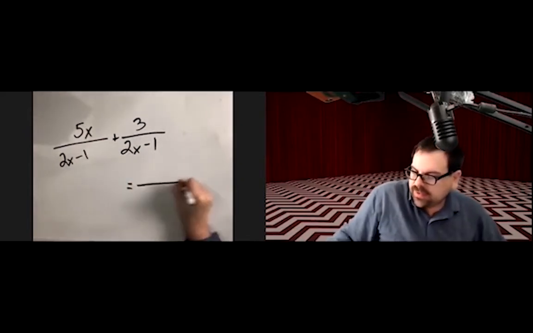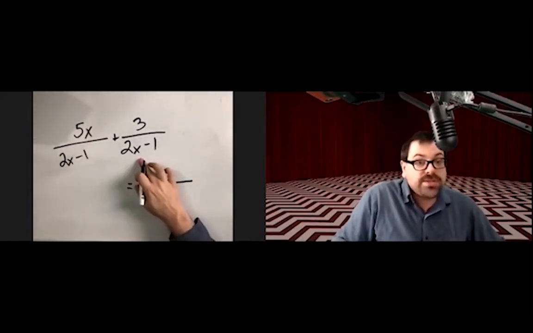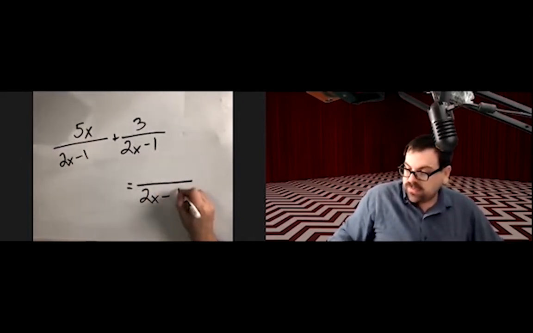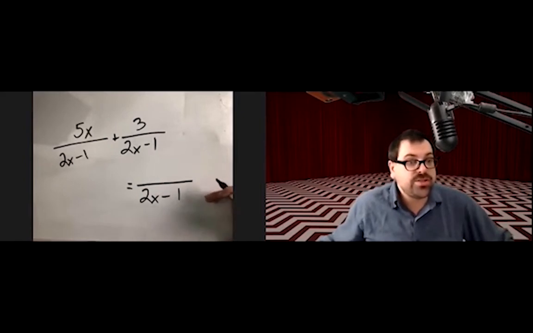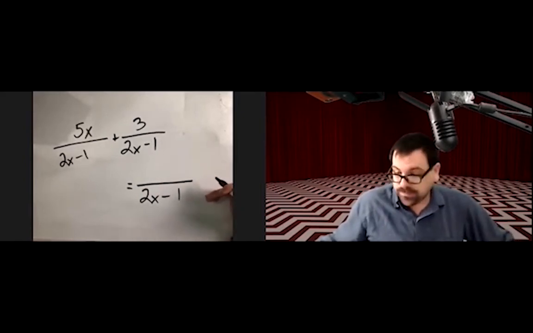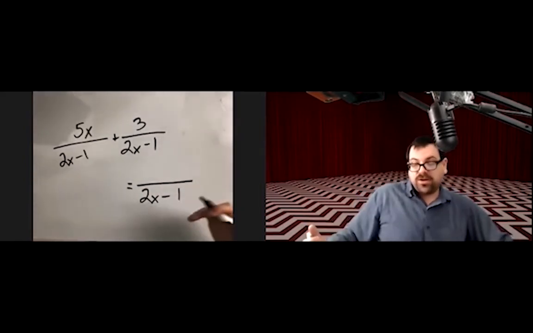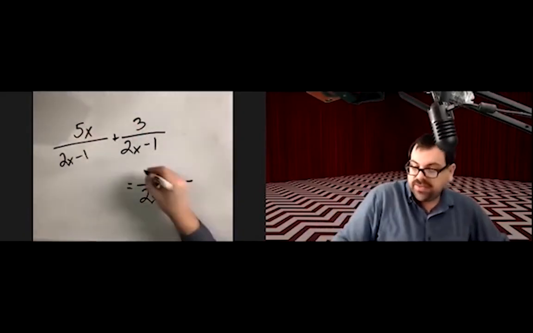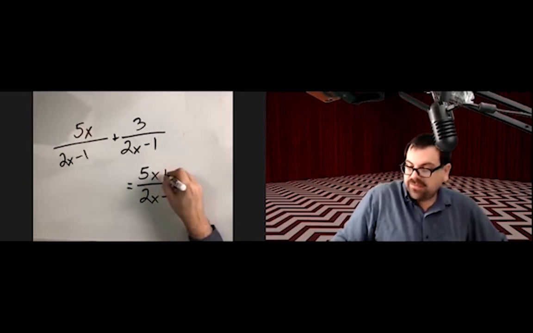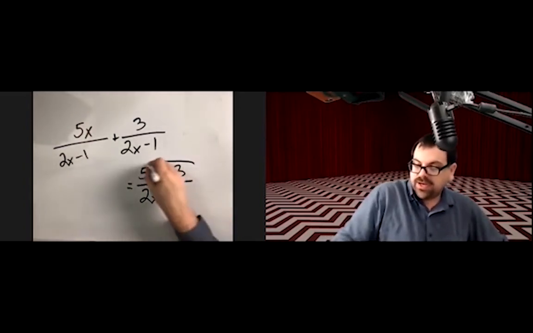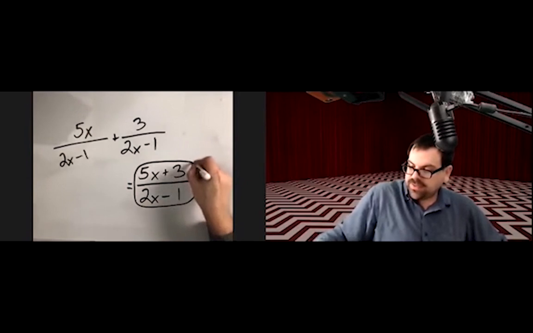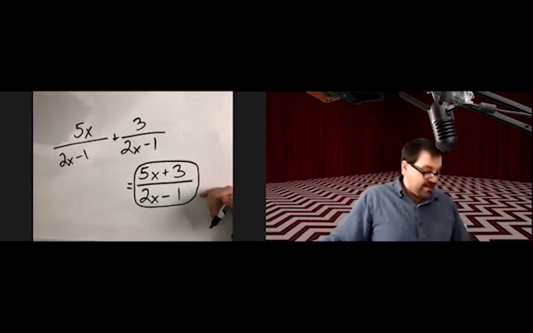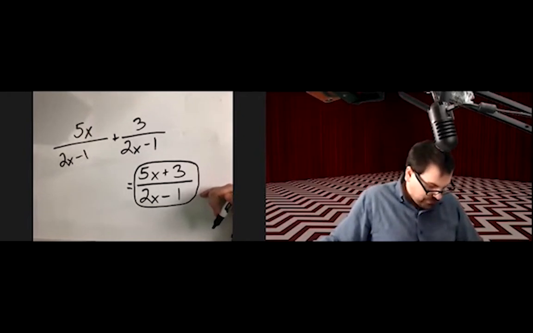We see that the bottoms are the same, 2x minus 1, 2x minus 1. So our answer has a 2x minus 1 on the bottom. And then we add across the top. 5x of these plus 3 of these is 5x plus 3 of them. And in this case, neither of these factors, so we can't reduce any further.